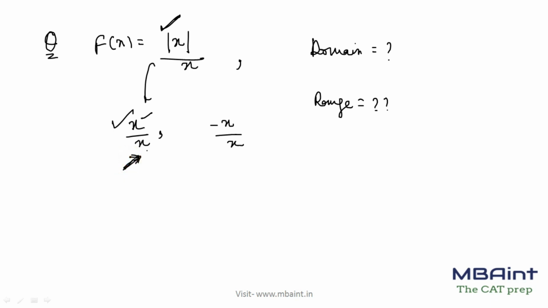So the only case which you need to keep in mind is the denominator shouldn't be 0 when it comes to the function, right? So for any real value except 0 is the domain. Same comes to the range as well, right guys? So in both the cases, domain will be any real number, but 0 won't be accepted.